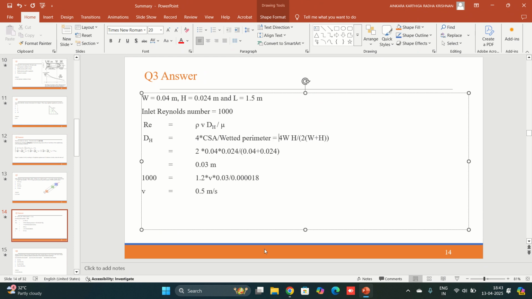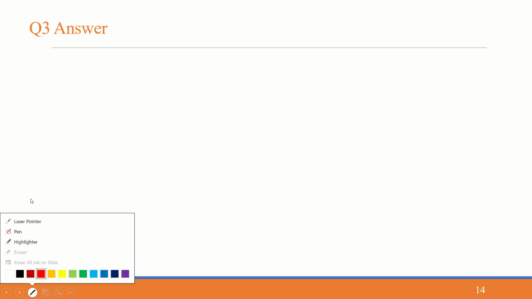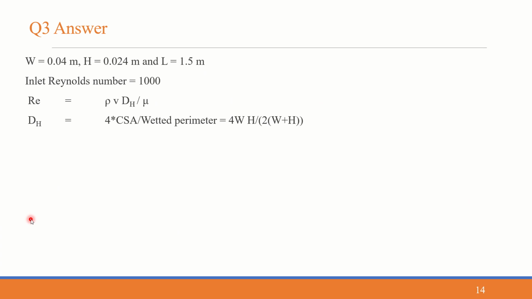Makes sense, right? So 4 into cross-sectional area divided by wetted perimeter. So 4 into W into H, that is the cross-sectional area of the rectangular section.